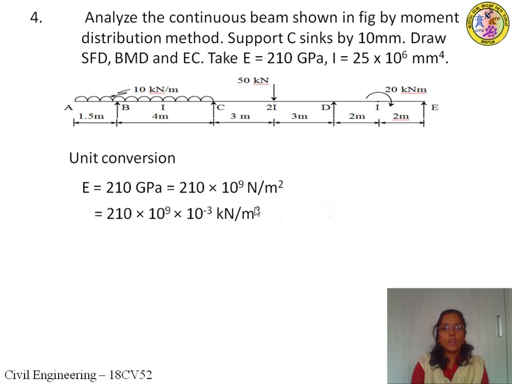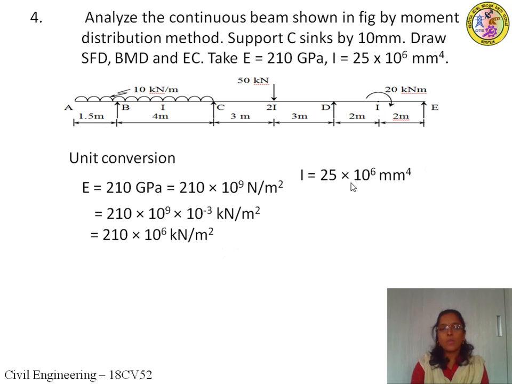To convert it into kilonewton per meter square, divide this value by 1000, that means multiply by 10 power minus 3. So 210 into 10 power 9 into 10 power minus 3 will be equal to 210 into 10 power 6 kilonewton per meter square.